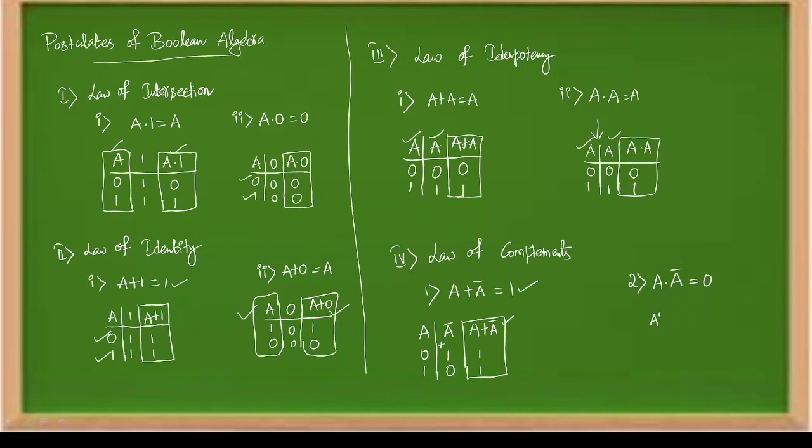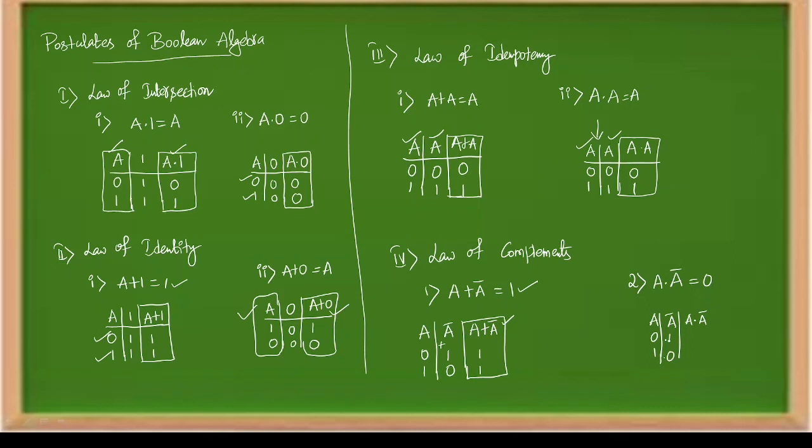Let me prove the next one, which is A and A bar. If A value is 0, what is A complement? 1. If A value is 1, A complement is 0. Now perform the logical AND operation between these two.